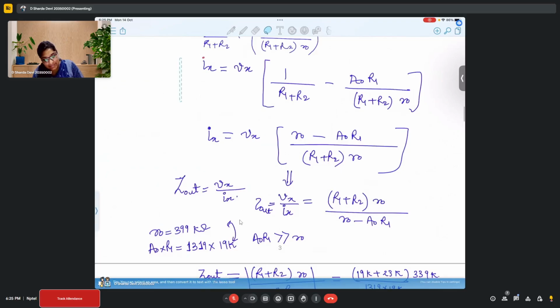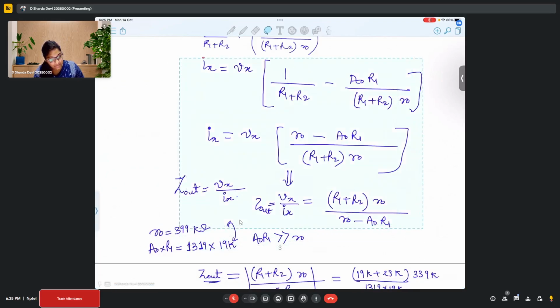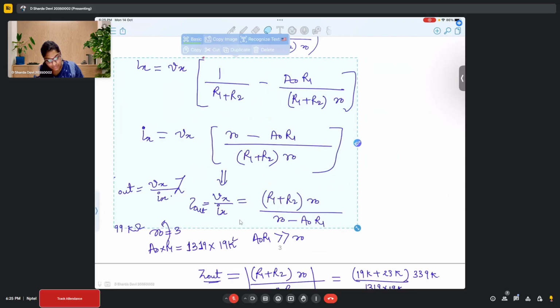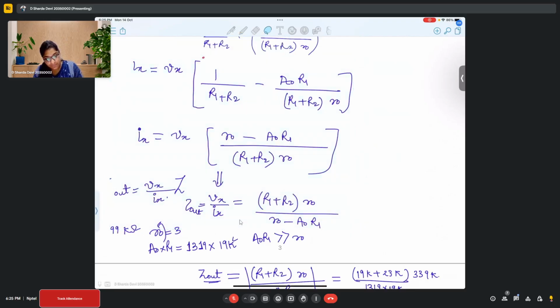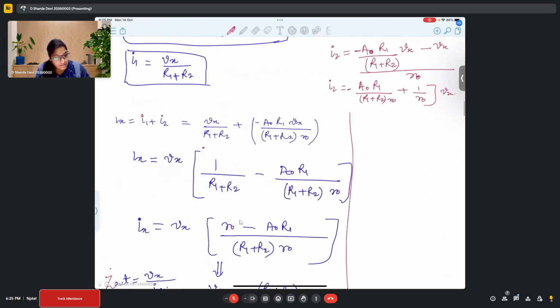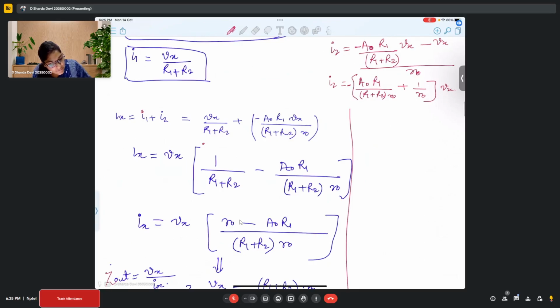If that is the scenario, we can see how much the effect is, and according to that we can comment. So I2 would become minus Vx into A naught R1 plus R1 plus R2 by R1 plus R2 into R naught, correct?